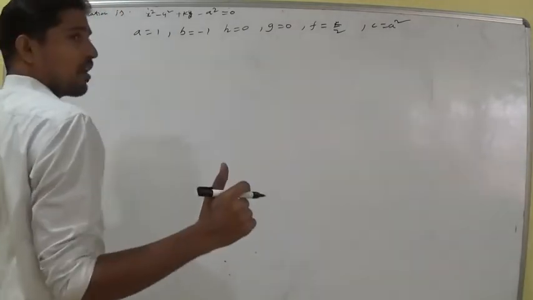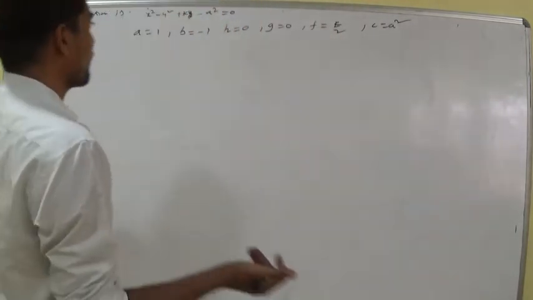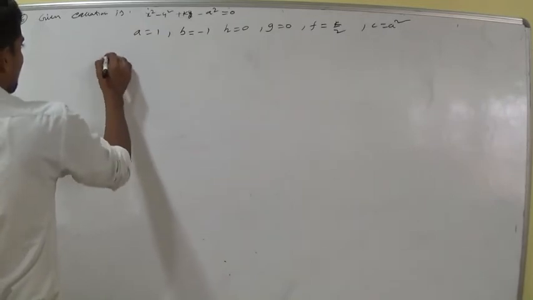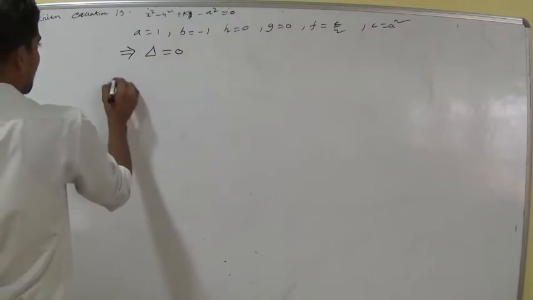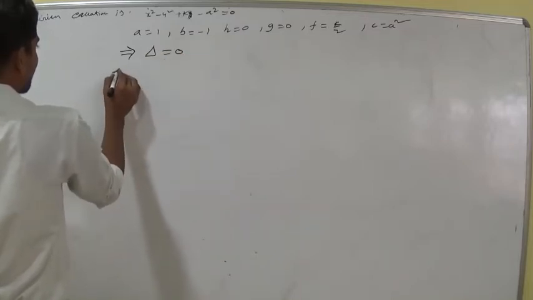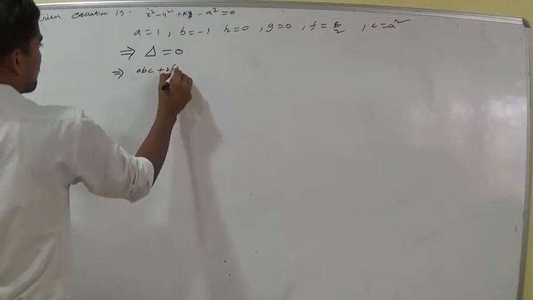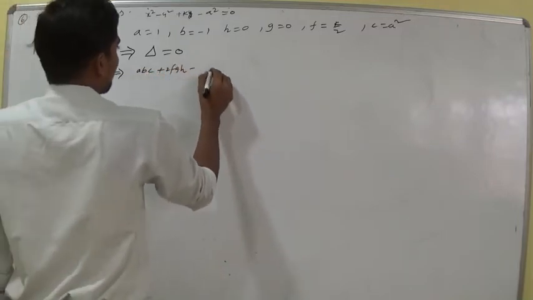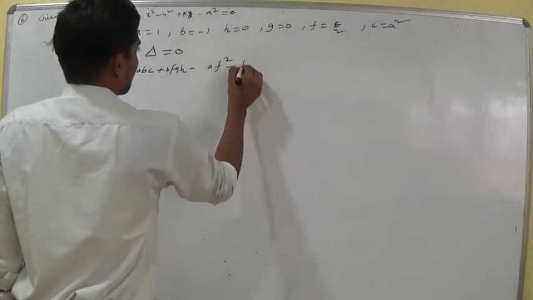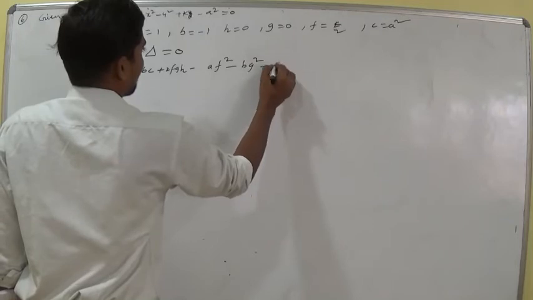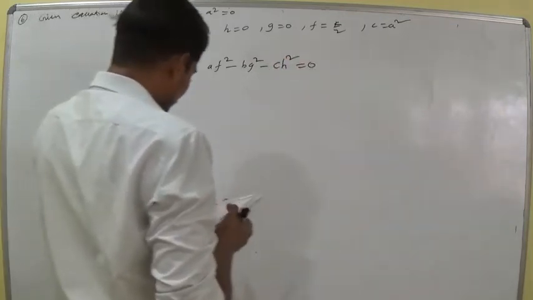So which represents a pair of straight lines, that means delta is equal to 0. What is delta here? Then that implies delta is equal to 0. So what is delta? ABC plus 2FGH minus AF square minus BG square minus CH square is equal to 0.